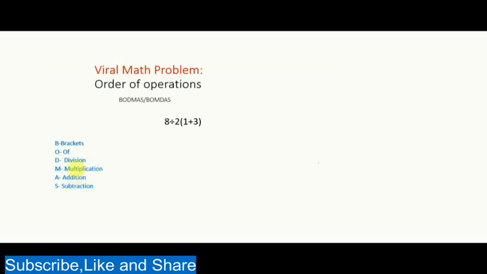So this is basically the order of operations. This is telling you what you should do first, second, and so on. The difference between BODMAS and BAMDAS is that for BODMAS you divide before you multiply, while for BAMDAS you multiply before you divide. So this is the difference between these two acronyms.